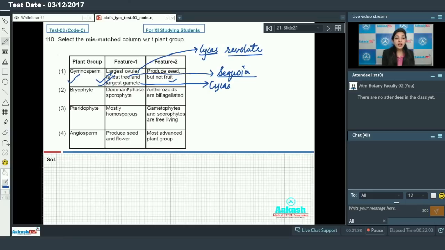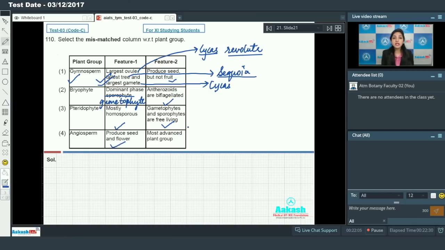Option 2, bryophyte has dominant phase sporophyte. No, the dominant phase in bryophyte is gametophyte. And the second feature, antherozoids are biflagellated, is correct. Pteridophytes are mostly homosporous. Correct. Gametophytes and sporophytes are free living in pteridophytes. This is correct. Angiosperms produce seed and flower. True.